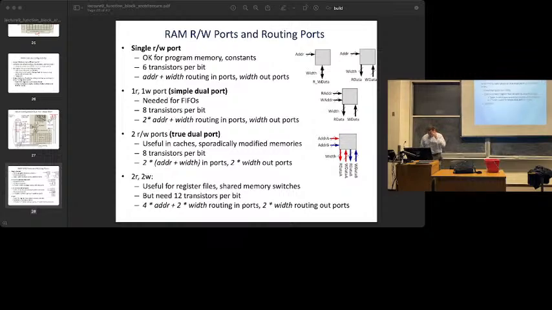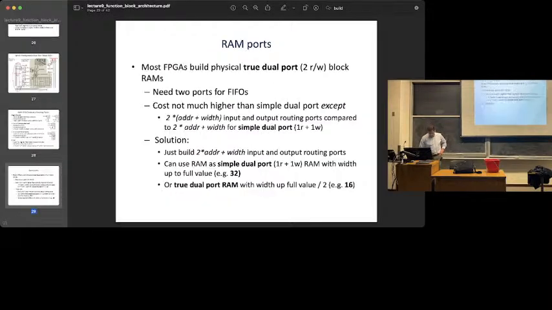Okay, so what most FPGAs do is they actually build this true dual port RAM. Okay, we need 2 ports for FIFOs, so we need either simple dual port or true dual port as kind of our minimum. And the cost of true dual port, if you look back here, was not much higher than simple dual port, except like the cost of the SRAM array was the same.